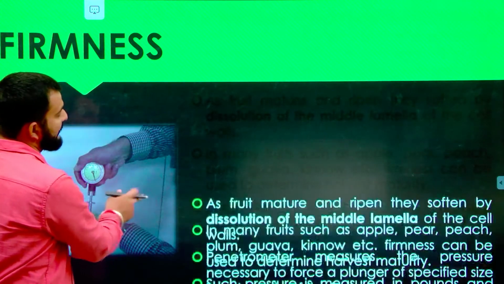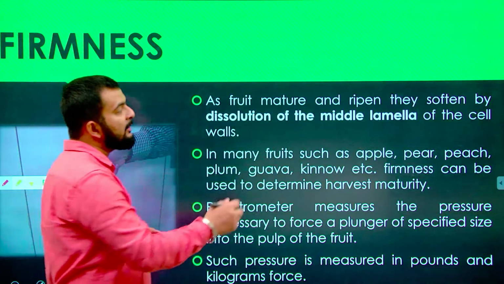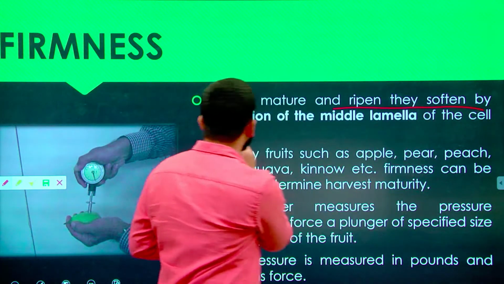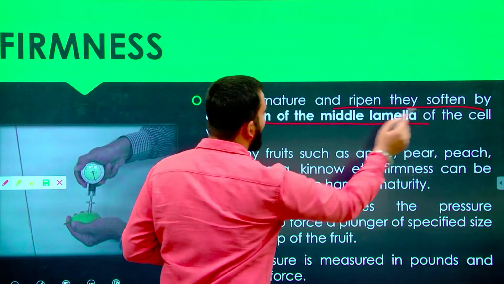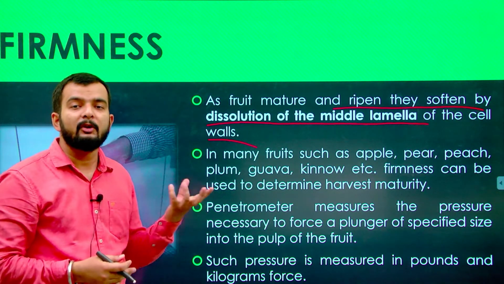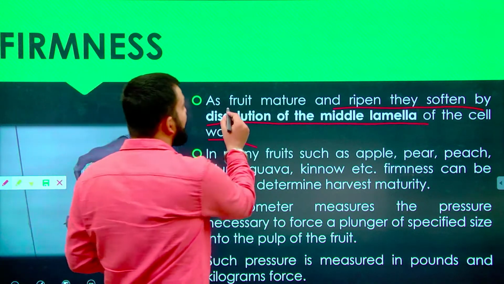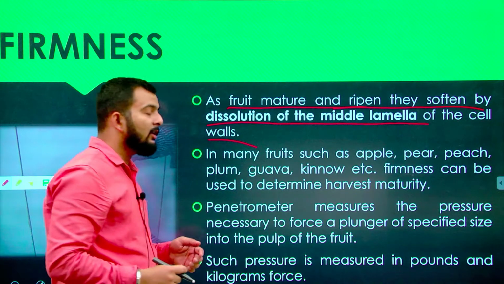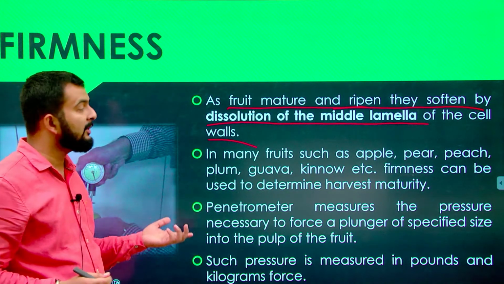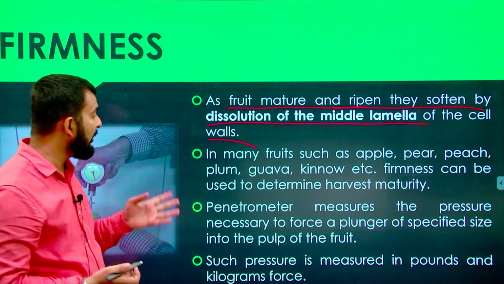Then we have firmness. As fruit becomes mature and ripens, it softens by dissolution of the middle lamella of the cell walls. That is, the cell wall becomes soft, as the pectin starts to dissolve. So this softness or firmness of fruits can also help you decide if the fruit is mature enough to be plucked.